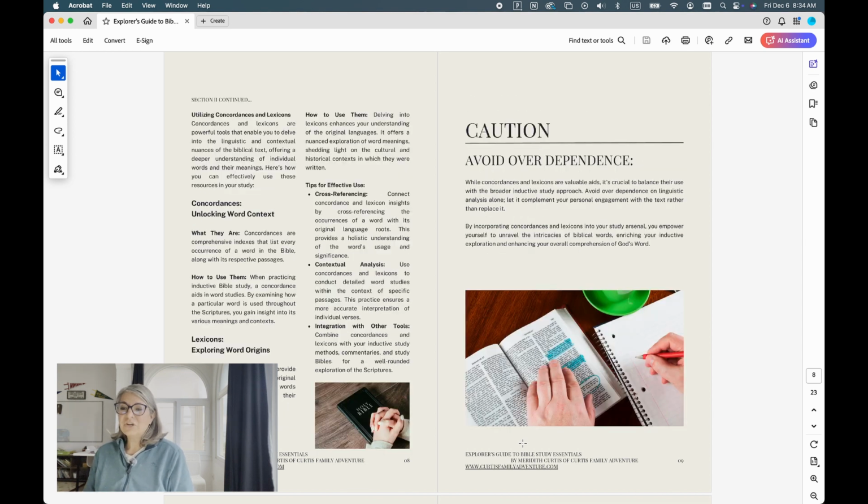Also, get into using concordances, lexicons, and how to do word studies, because that's such a fun part for me, is understanding the original meaning behind a Greek or a Hebrew word that has been translated into English. The meanings of words change over time, as we have seen through our culture today. And we want to understand what was the historical understanding of what is being said in the text.